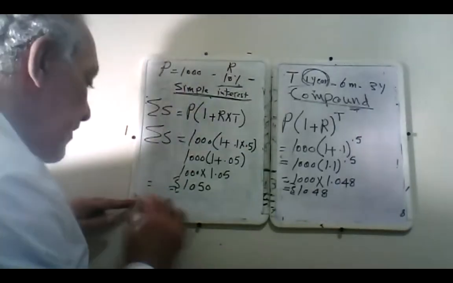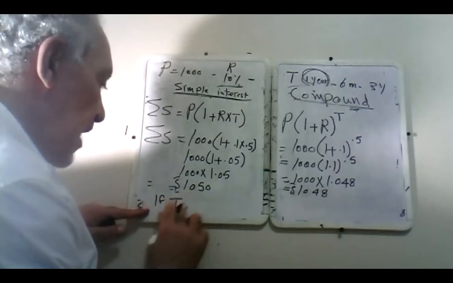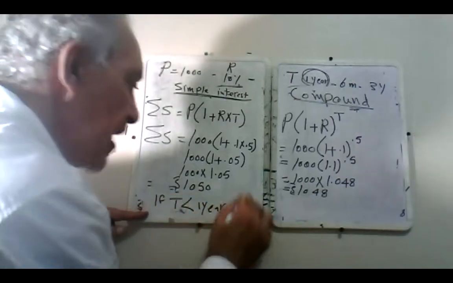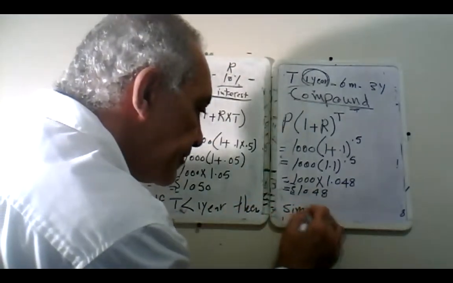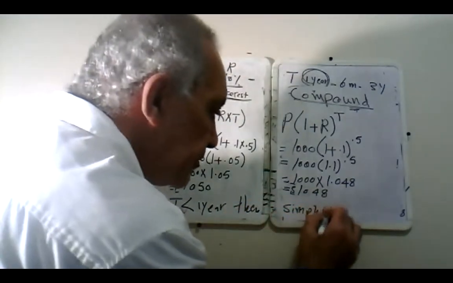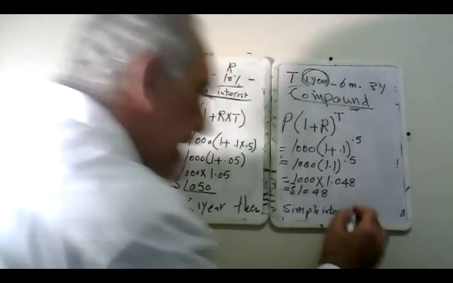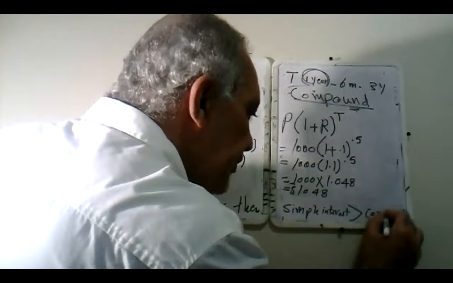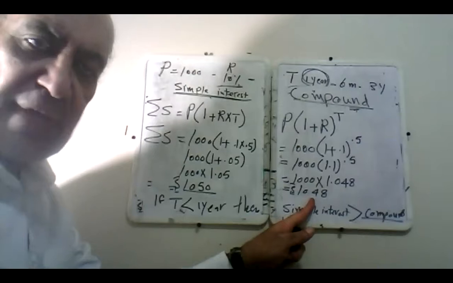If t, or time, is less than 1 year, then simple interest, which is 1,050, is greater than the compound interest, because the compound interest is only 1,048.